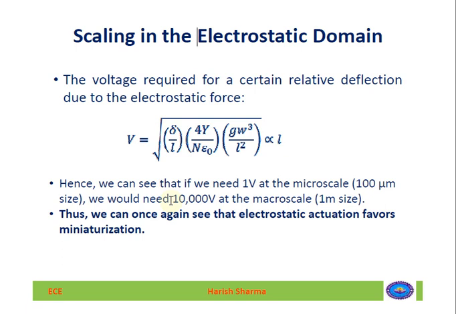If we reduce the size, the required voltage for the same relative deflection will also reduce. So this is also a favorable condition for designing micro devices, and we mainly use this electrostatic principle.